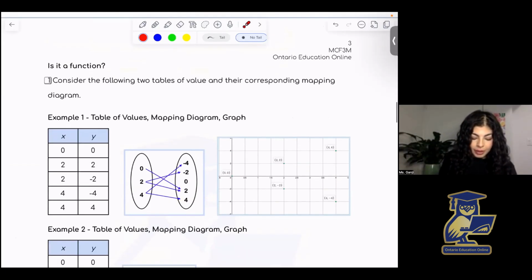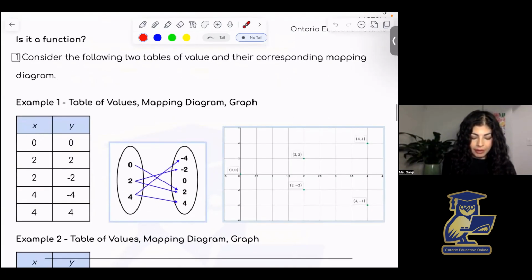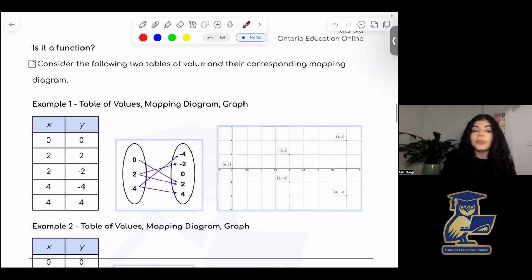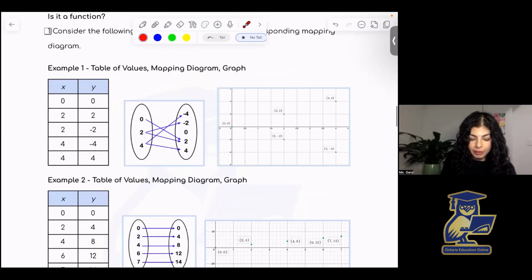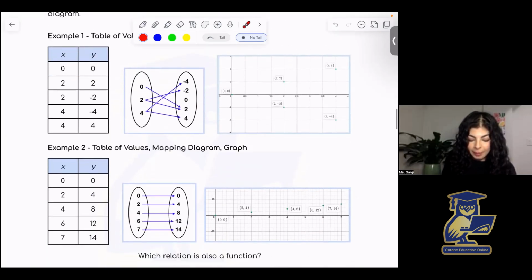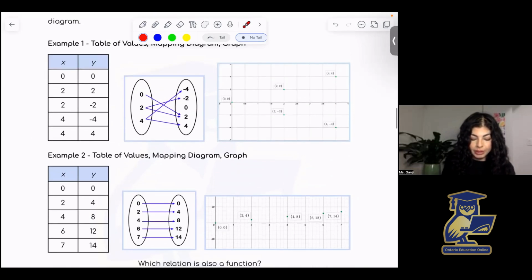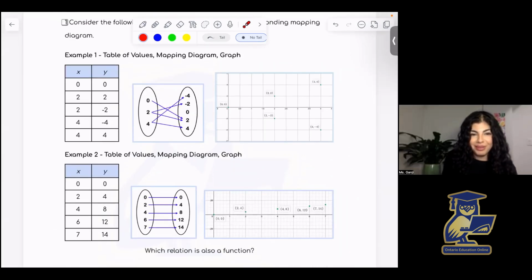So now let's practice: is it a function? Consider these two tables of values. I've also given you their mapping diagram and their graph of the relation. Now, which relation is also a function?